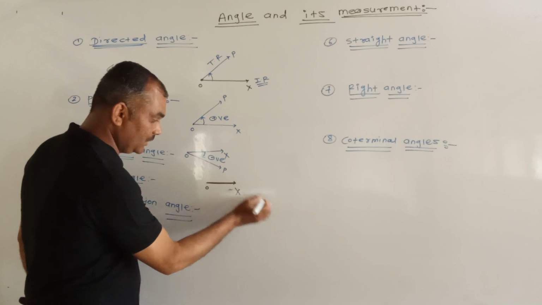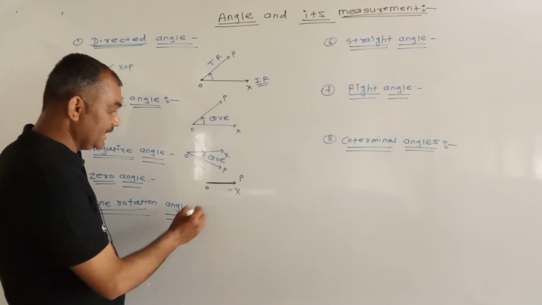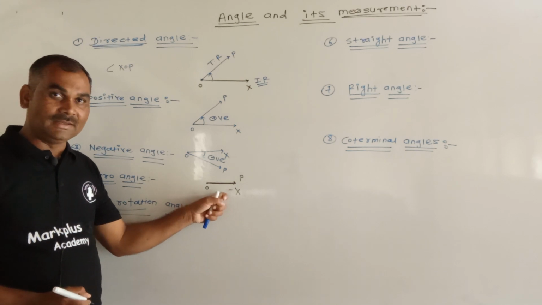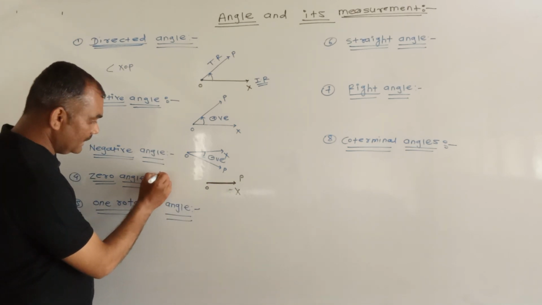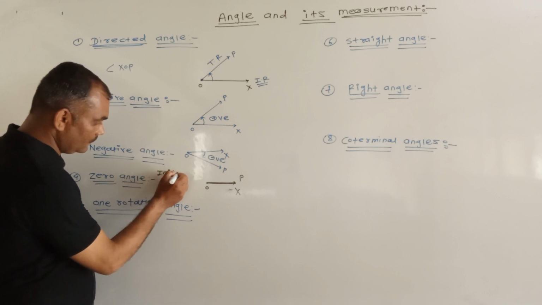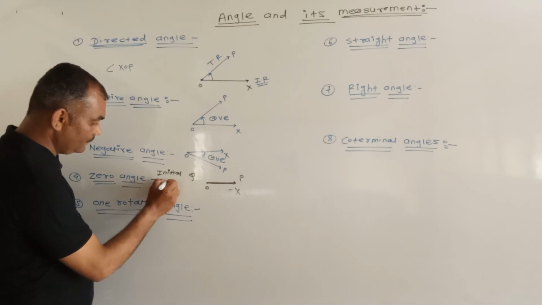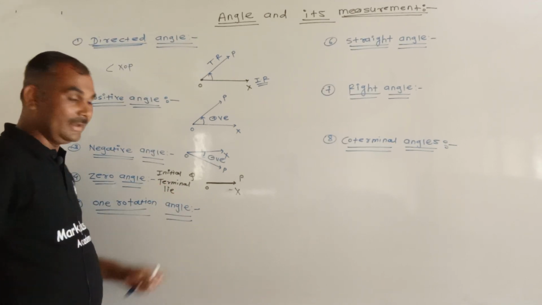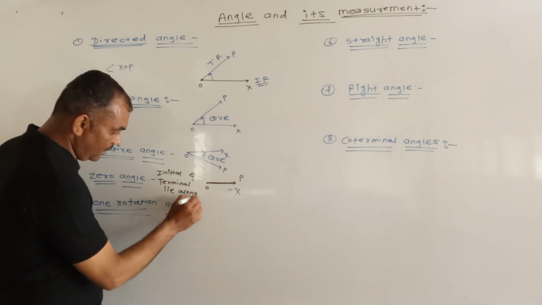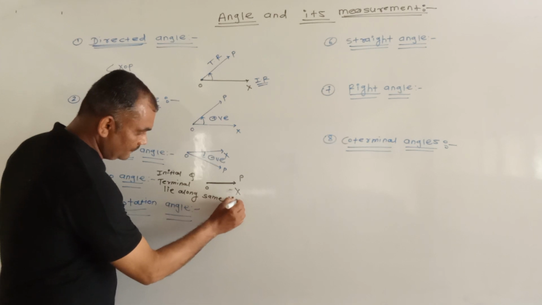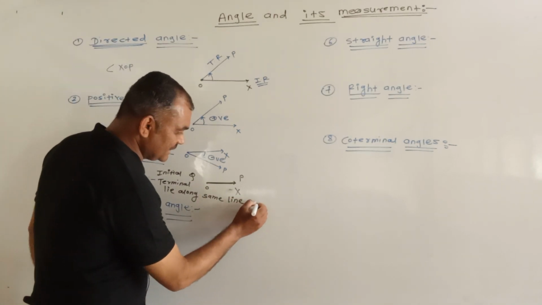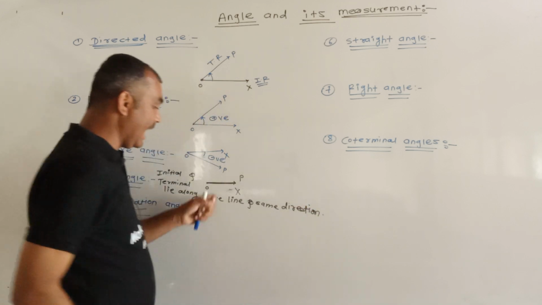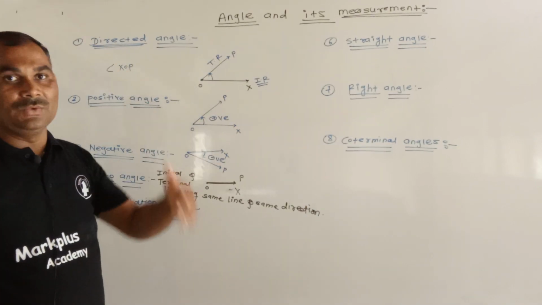So here the initial ray OX and terminal ray OP lie along the same line and in the same direction. Then the angle is called a zero angle.